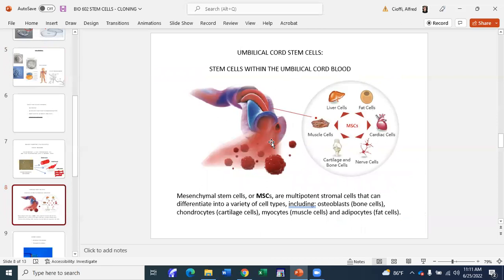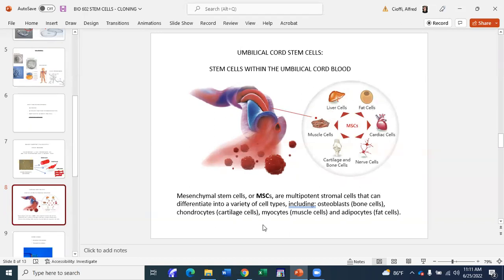But they're very early on in development, and therefore they're very tender. They have plasticity, right? They're able to heal damage well. So potentially they have the capacity for healing all these different organs that are illustrated here.